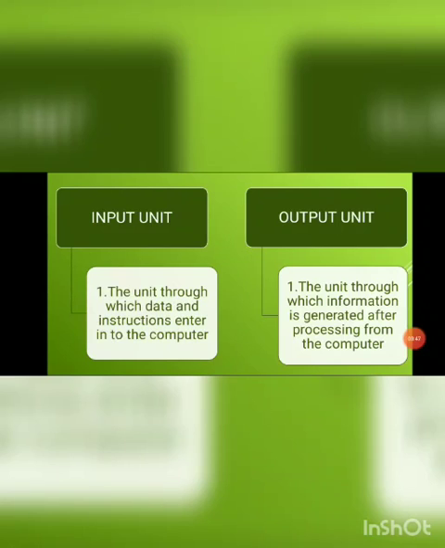So a grinder or juicer is required where the processing will be done, and the final result is known as the orange juice. Here the oranges are the data, and making it into juice is the process. And what is the output? The orange juice is the output.